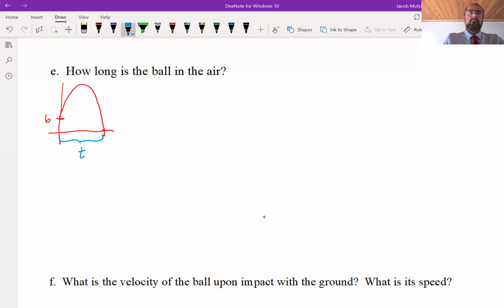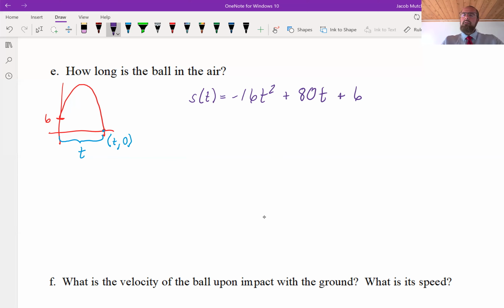That's our time. So in terms of solving, we need to say, okay, when is the height of the ball 0? Because right here, this point would be t comma 0, because that's an x-intercept. So to do that, again, I'm going to take the position function, s of t, and write it in the standard form: negative 16t squared plus 80 times time plus the 6 feet that we had started from.